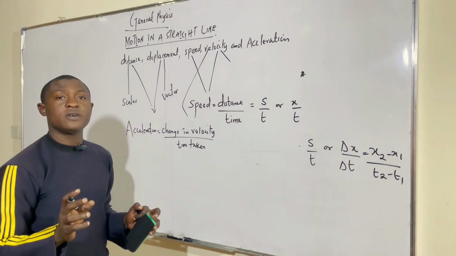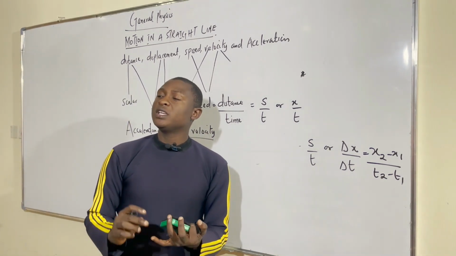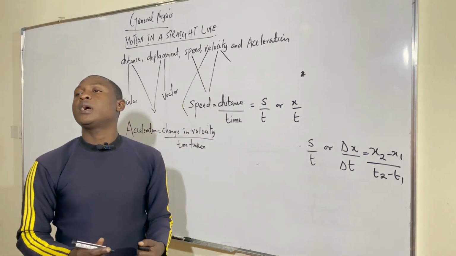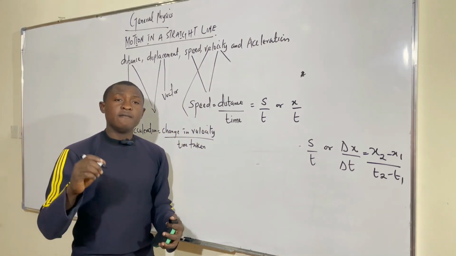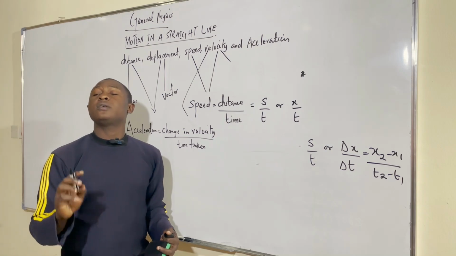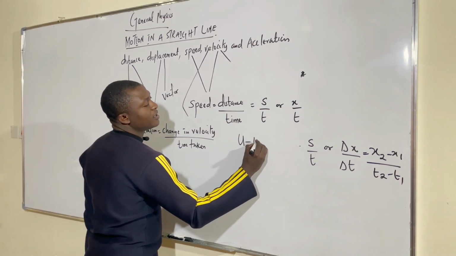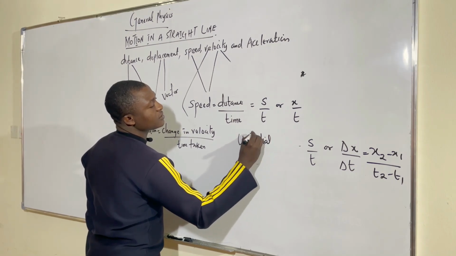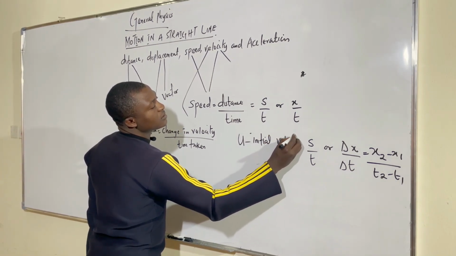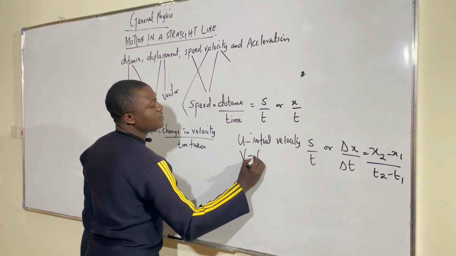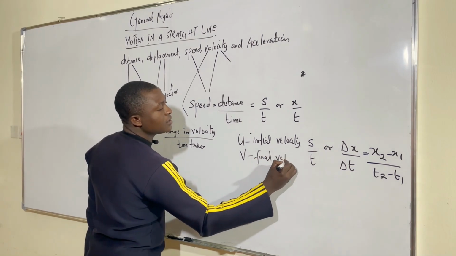So in physics, normally we have two velocities. We have what we call initial velocity, and at the same time, we have what we call the final velocity. Each of them has its own specific symbol. Whenever I see u, it simply means initial velocity. Whenever we have v, it is called the final velocity.